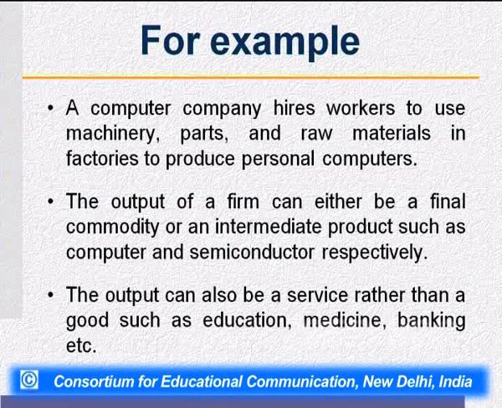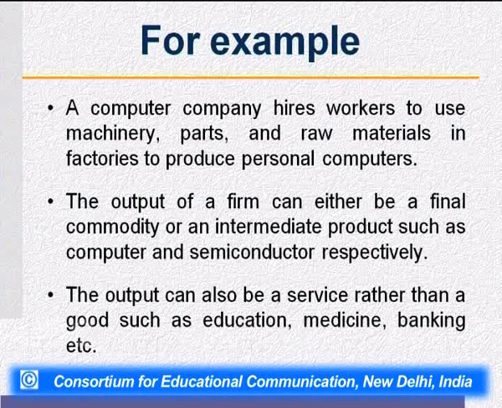Whatever we applied as input, labor, capital, production facilities or hired workers, we can get either a final output or an intermediate product. This is also a part of production.